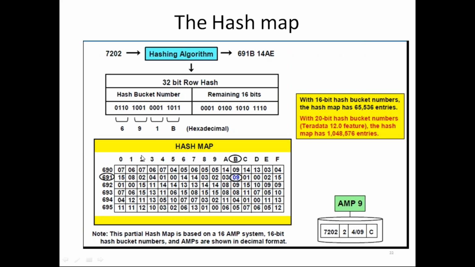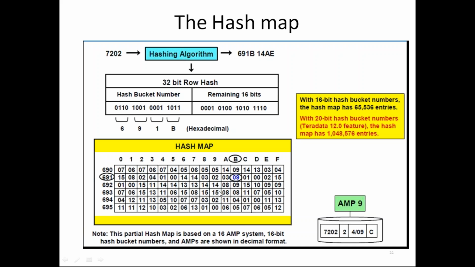Yes. In this hash map of a 16 AMP system, we have seen the minimum value as 0 and the maximum value as 15. If I show you the 32 AMP system, the minimum value is 0, but the maximum value would be 31. So the number of rows will be increased and the hash bucket number values will be redefined as per the new configuration, but the columns would remain the same.